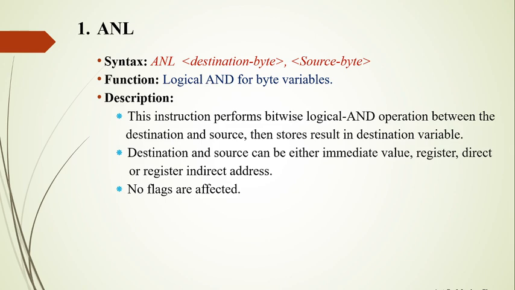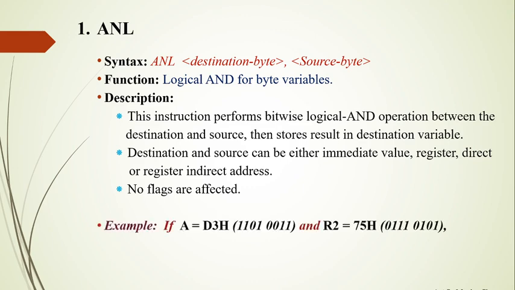We know that in an AND operation, if any one bit or variable is 0, then the result of that operation will be 0. So let's see the example. If A equals D3H, that means in binary 1101 0011, and R2 equals 75H, that is in binary 0111 0101.